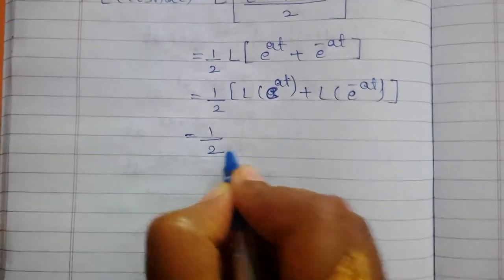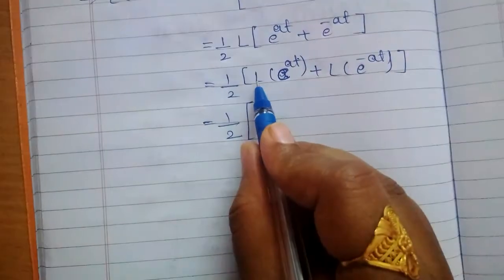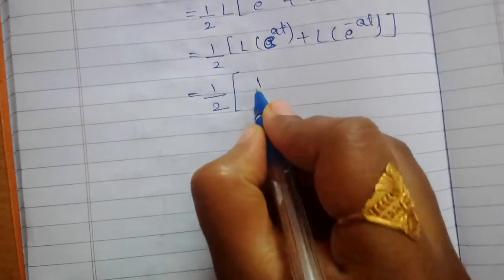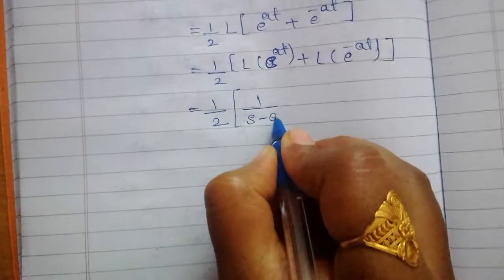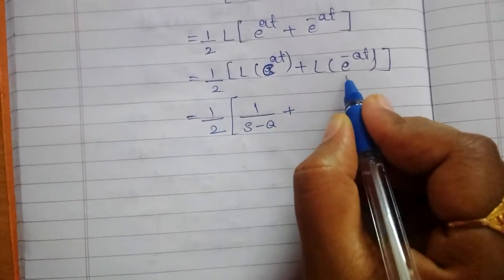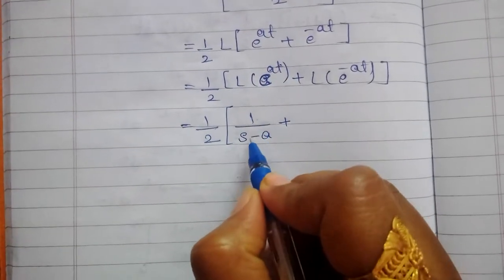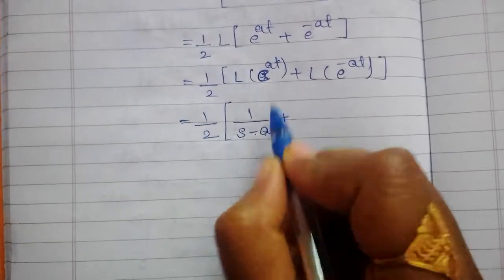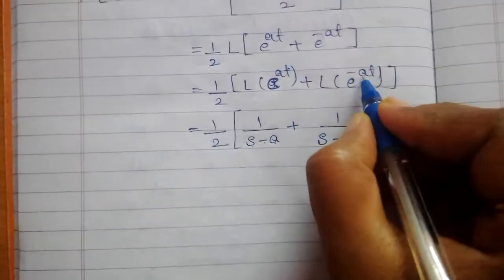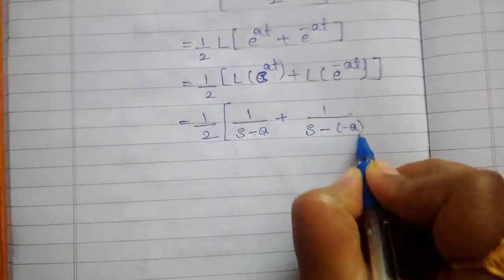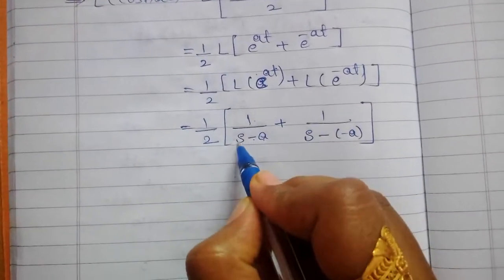Therefore it will be 1 by 2 into L of e raised to at is 1 divided by s minus a plus L of e raised to minus at. See here, L of e raised to at is 1 divided by s minus a. Here a is positive, so it is s minus a.